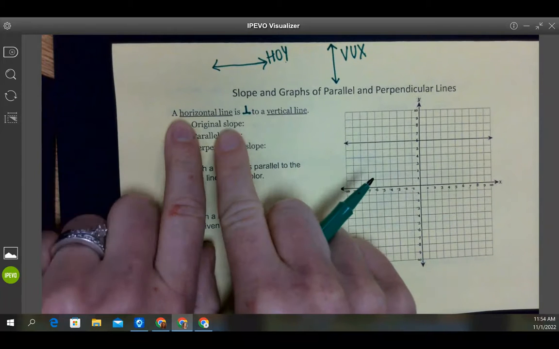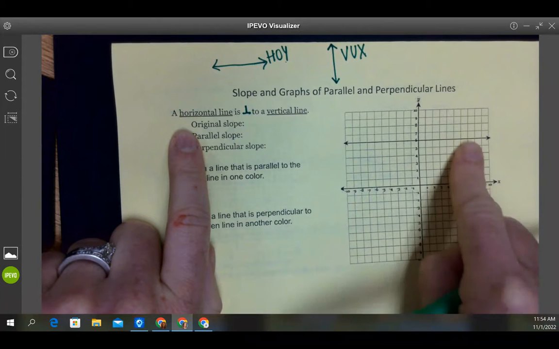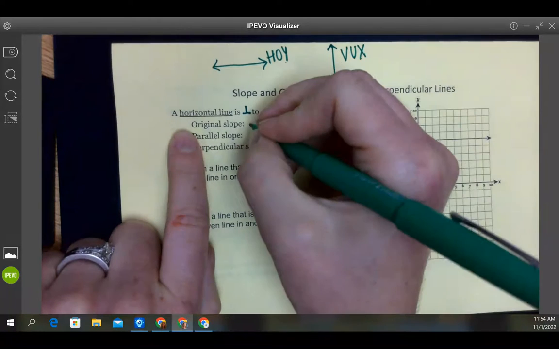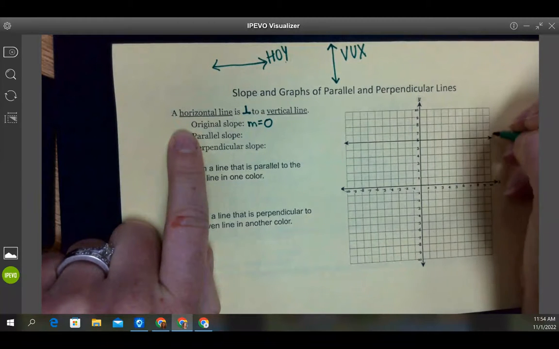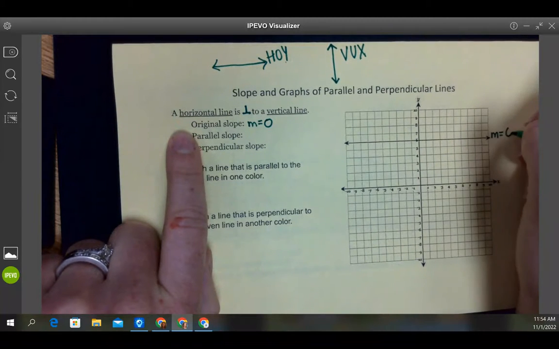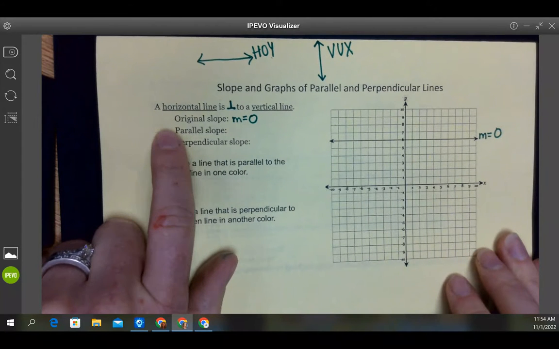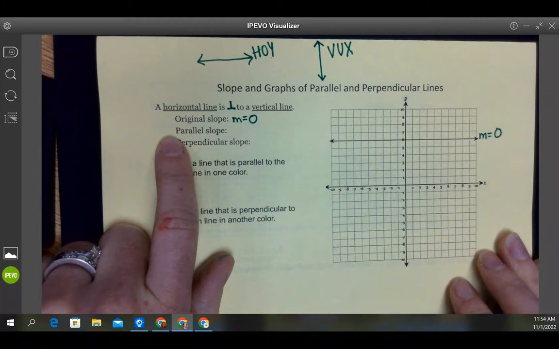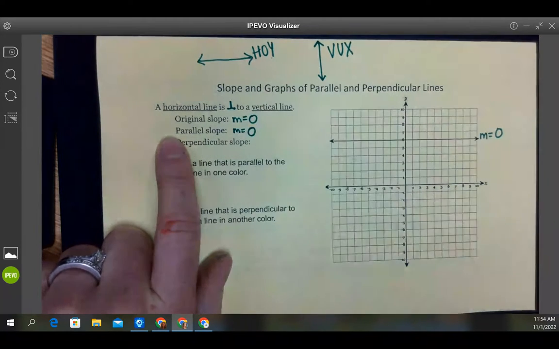Think about the original slope. That's the horizontal line, like of this one. The original slope is 0. This right here is 0. A parallel slope would be the same exact thing. So it'd equal 0.